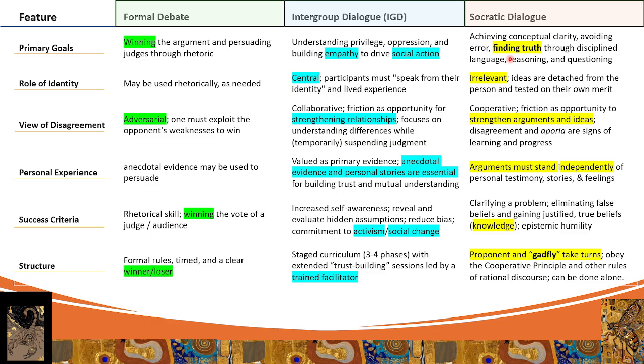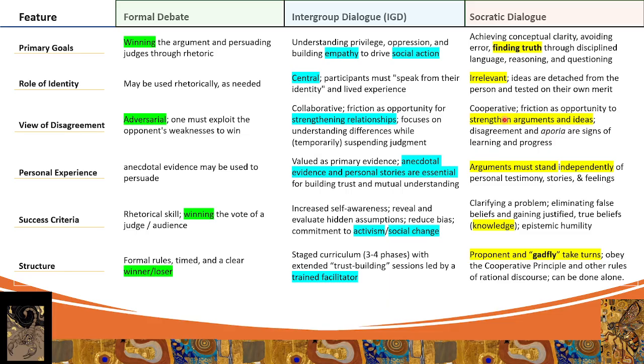And Socratic dialogue does not really aim to build empathy or focus on how to change the world. As we'll see later in the course, there's a quote from Marx that addresses that Socratic dialogue is not aimed at social action. What we want to do in Socratic dialogue is give arguments that can stand independently of the person who gives them.